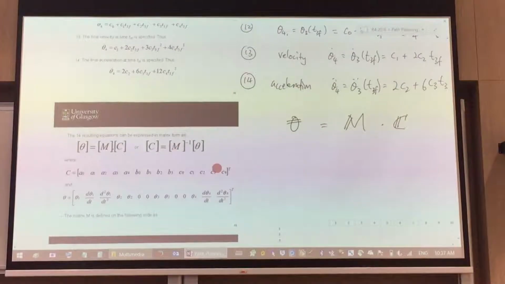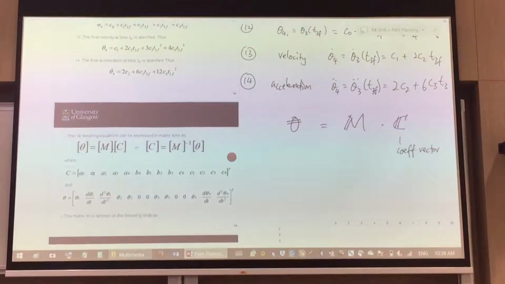So putting all these coefficients together, I call it a C matrix, a coefficient vector. That coefficient vector is going to look like this, with this to the power of T. It's called transpose. So transposing means that you convert that one row into one column.